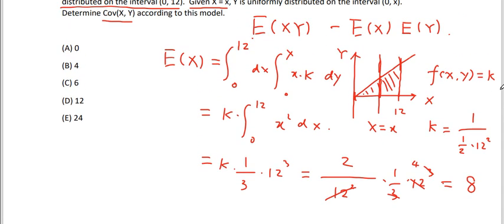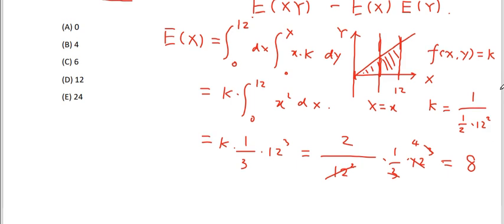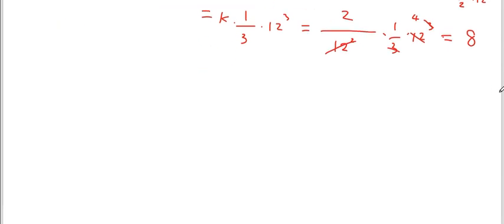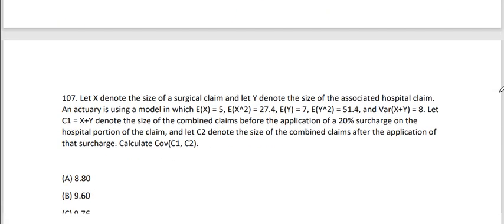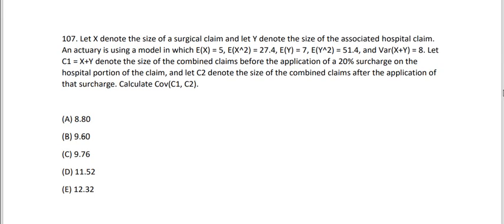So we say such a problem is just the integration. Okay. So for this problem, we want to calculate the covariance for C1, C2. So what is C1? C1 equals x plus y, right?